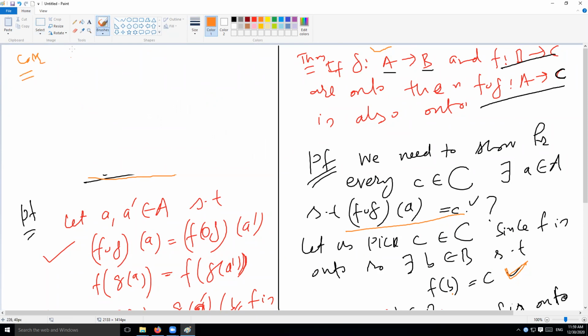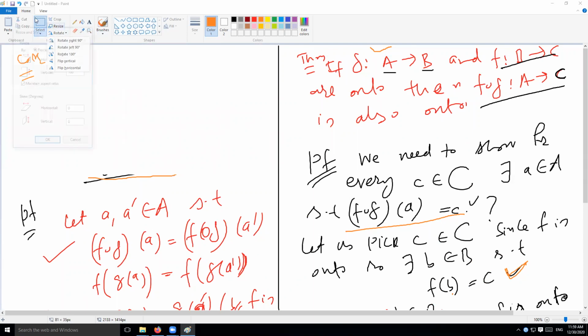If G from A to B is 1-1 and onto, let's write it in this manner: if F and G are both 1-1 and onto, then their composition is also 1-1 and onto.